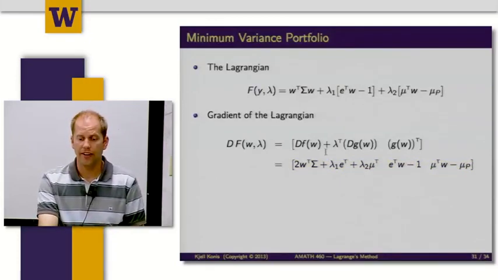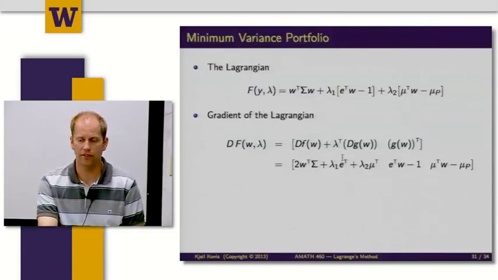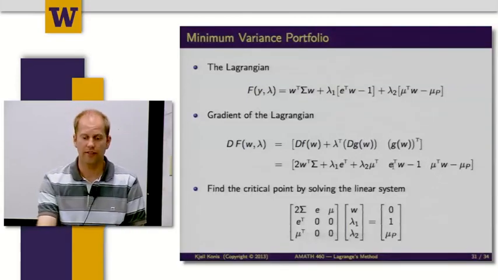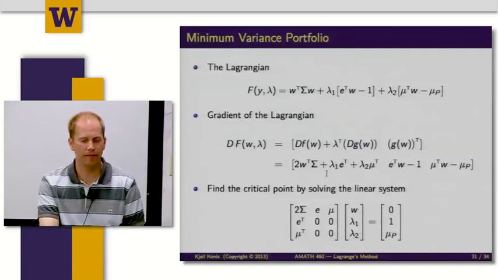And I need to find values now of w, lambda 1, and lambda 2 that are going to make this equal to 0. It turns out you can write that problem down just as solving a linear system. So I have 2 sigma times w.